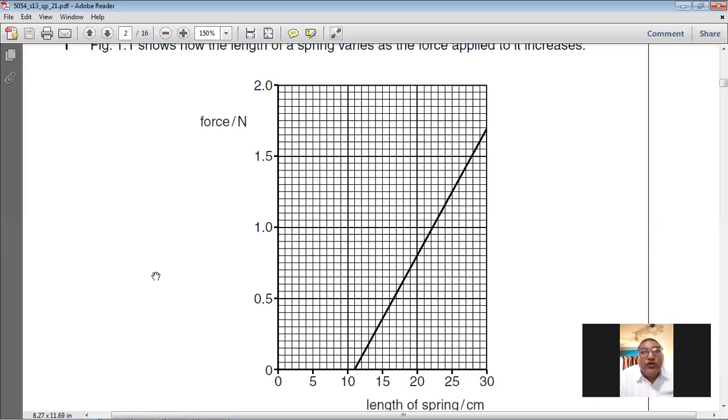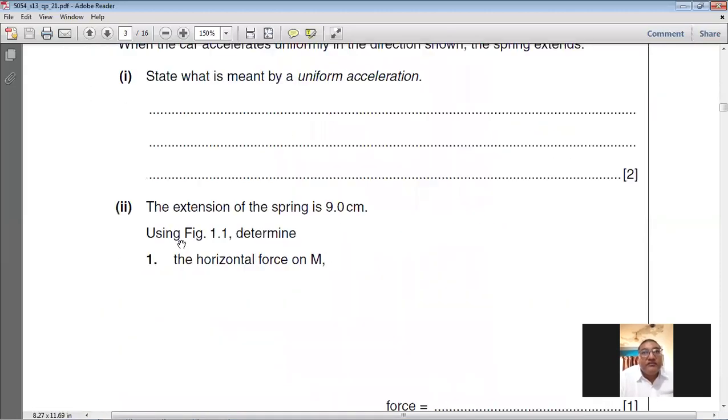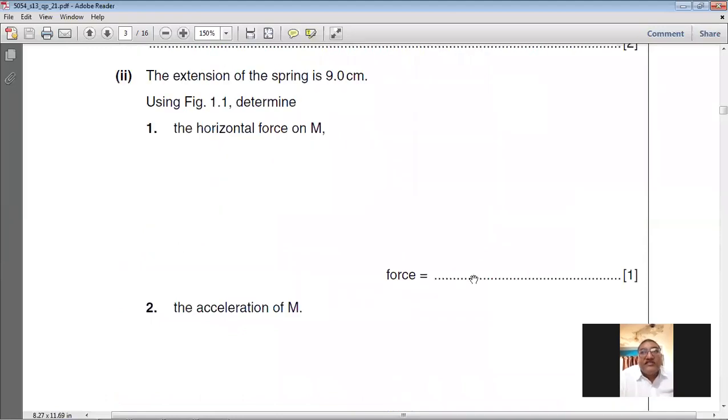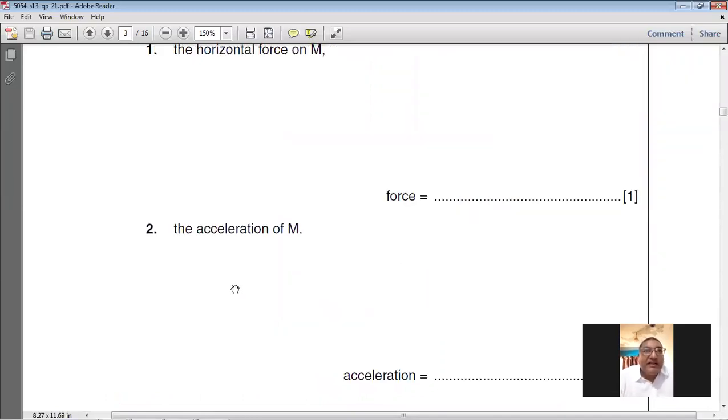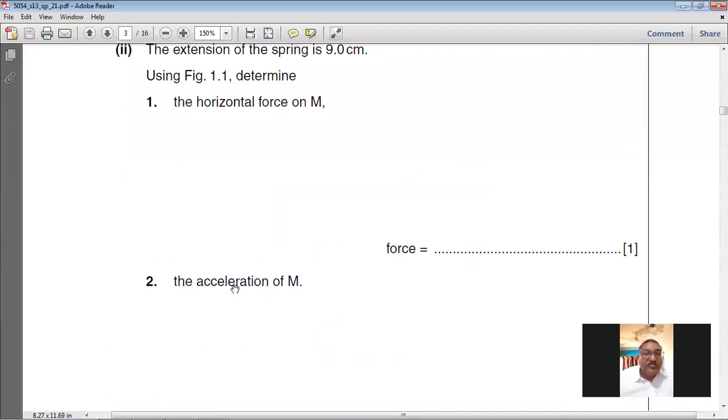I hope you have understood. So the answer here will be 0.8 Newton. The second part is the acceleration of M. We know the force and we know the mass of the body, so we can find the acceleration.